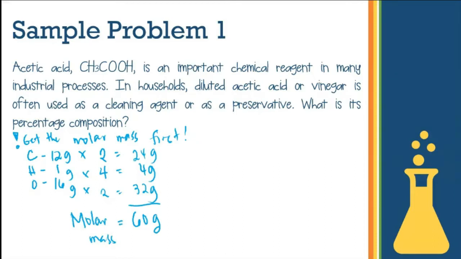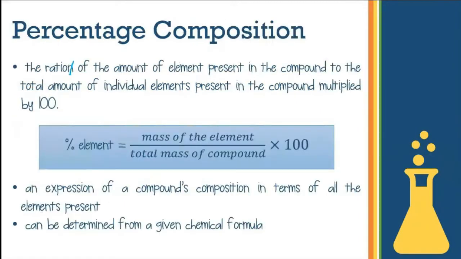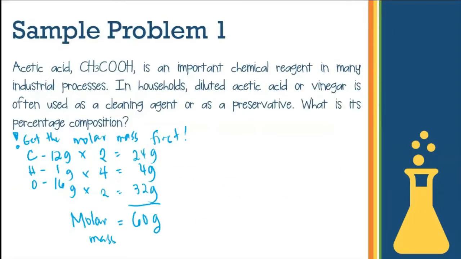So, balikan natin yung ating equation. So, the percentage ng bawat element is equal to the mass of the element over the total mass of the compound times 100. Dito ko na lang siya gagawin, ha? Okay. So, kunin natin si percentage ng carbon. Percentage ni carbon is mass of the element, which is 24 grams over, ano yung total mass natin?